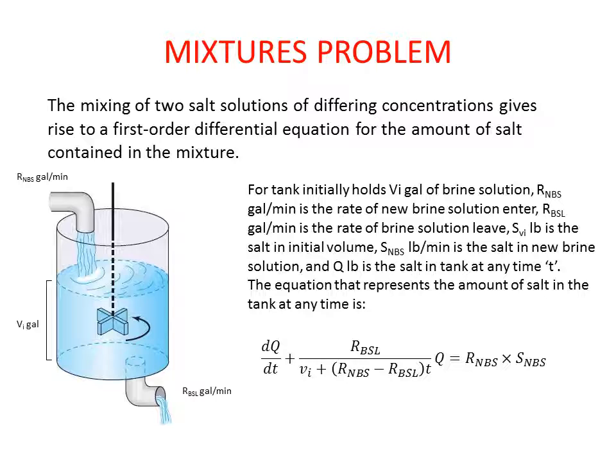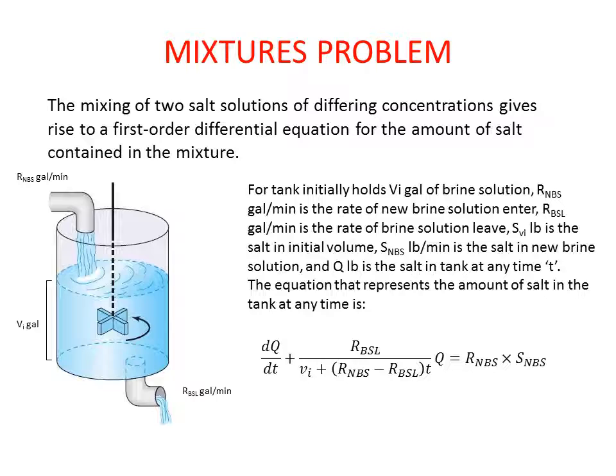This is a first order differential equation because we have the first order derivative dQ over dt. In the second term there is the unknown function Q and RBSL, the rate at which the brine solution leaves. This is a constant quantity, it provides the rate at which the brine solution leaves the system. Similarly VI is the initial volume, that is again constant.